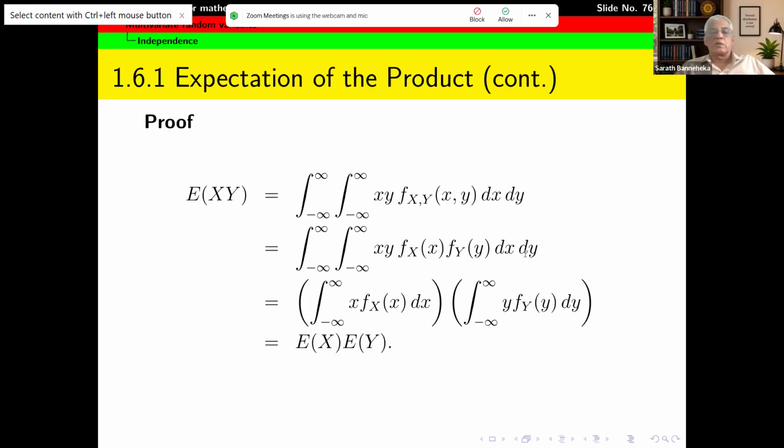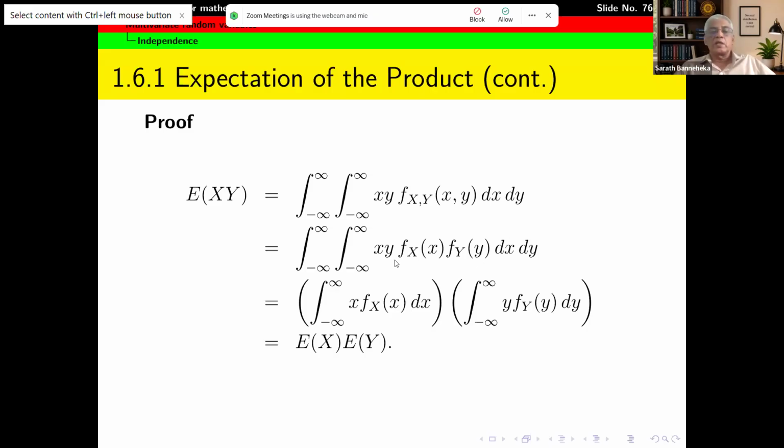Because x and y are independent, you can write this joint density as the product of the individual densities of x and y. That comes from the independence, because we are assuming that x and y are independent. So when x and y are independent, the joint density can be written as the product of the individual densities.